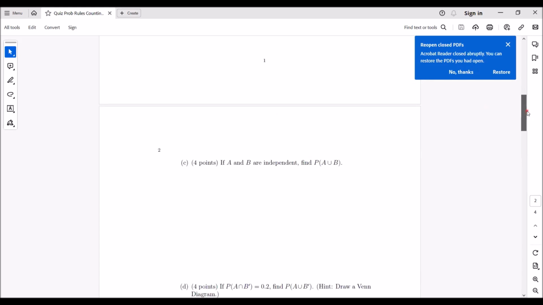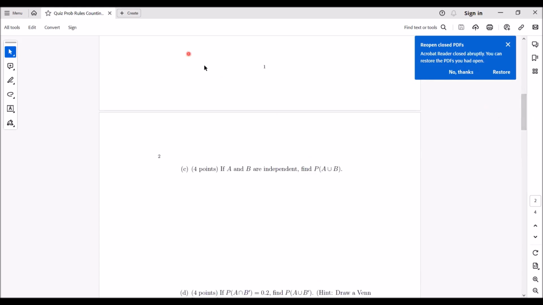All right, so the next one is we're looking for the probability of A union B, given that they are independent. That's very natural, and most people would get it right. You have the sum of the probabilities minus the probability of the intersection.